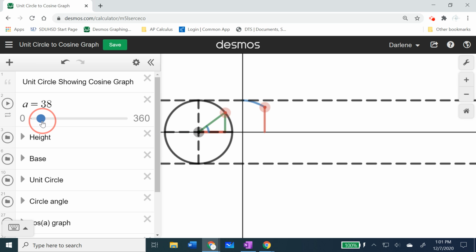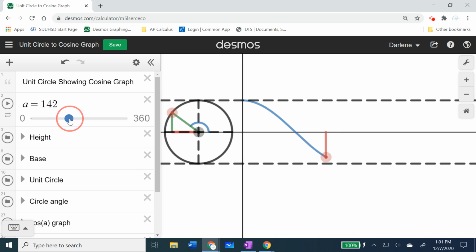As this plays along, you're following this point on the circle, but the focus is the x coordinate, this red length. As it moves along, that red distance is going from 1 to 0. And then right after you pass 90 degrees, it goes into a negative x coordinate. And so this negative distance is this negative distance.